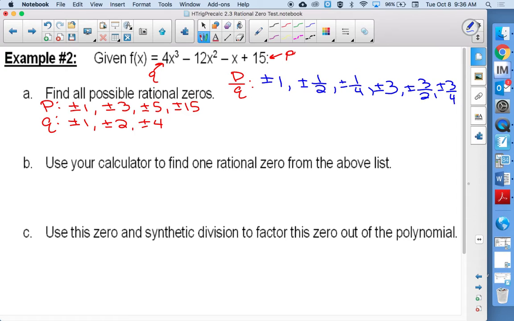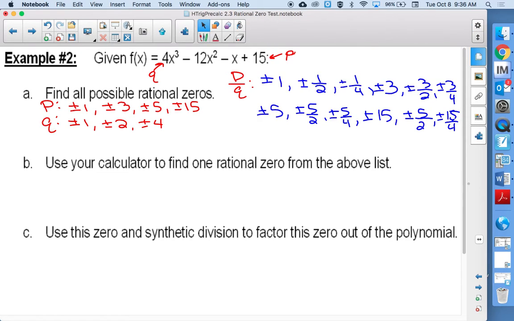If I already have a number written once, I wouldn't write it again. And then I have 5 over 1, 5 over 2, 5 over 4, and then finally 15, 15 over 2, 15 over 4. So I have 24 zeros up here.